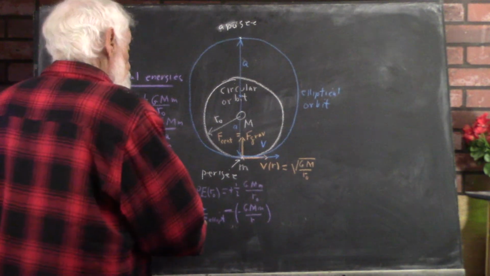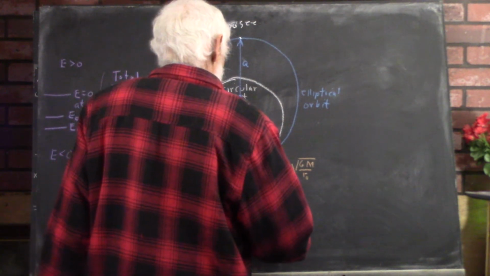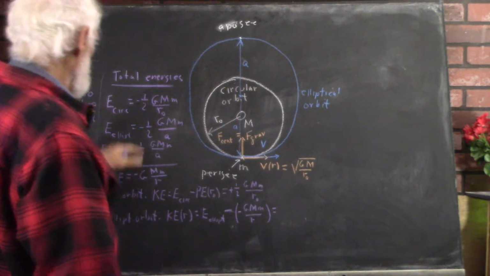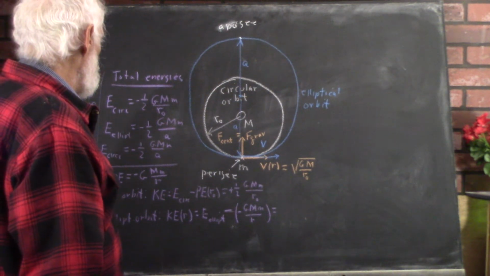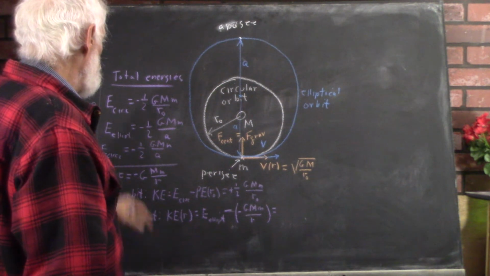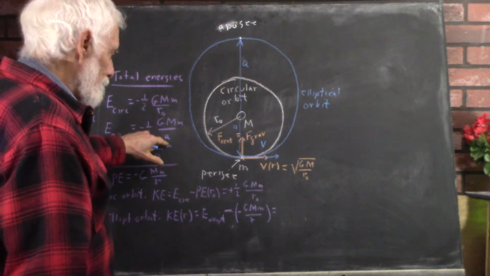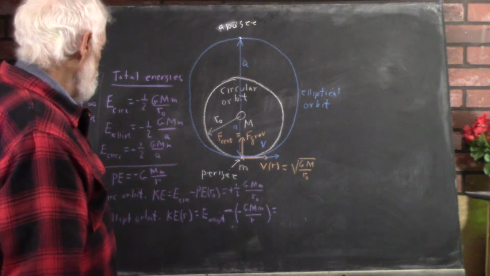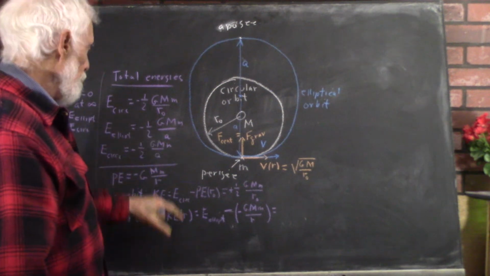Okay, so the energy of the elliptical orbit is this, and this turns out to be, since the energy of the elliptical orbit is negative 1/2 with this expression over the a. If I write that expression in here, I'll have the negative 1 over 2a.